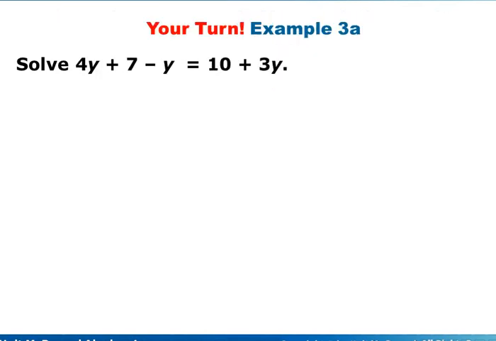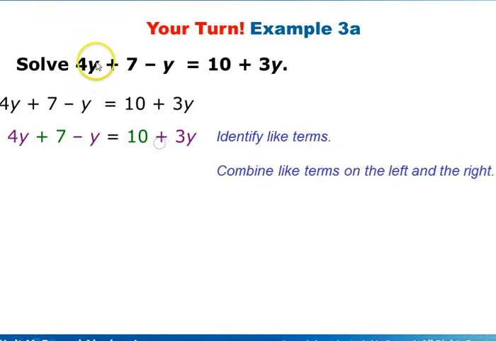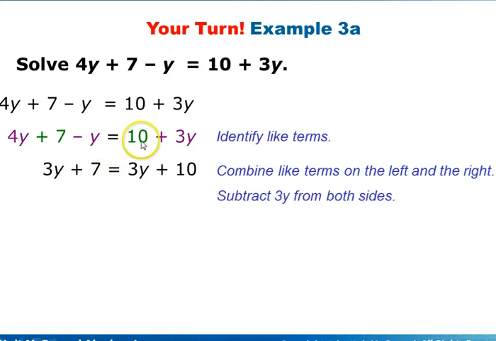Alright, go ahead and do this one by yourself. Pause and then come back and get the answer. Alright, here's the answer. So again, we want to collect like terms by putting 4y and negative y together, and then we will end up with 3y plus 7 is equal to 3y plus 10.